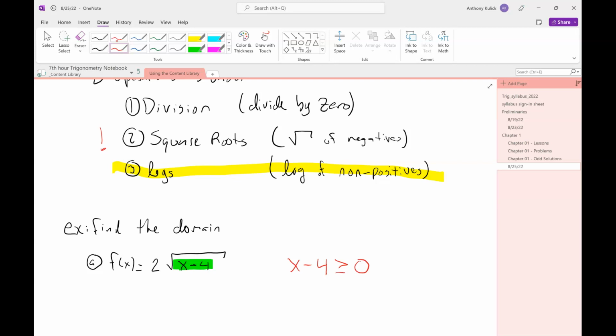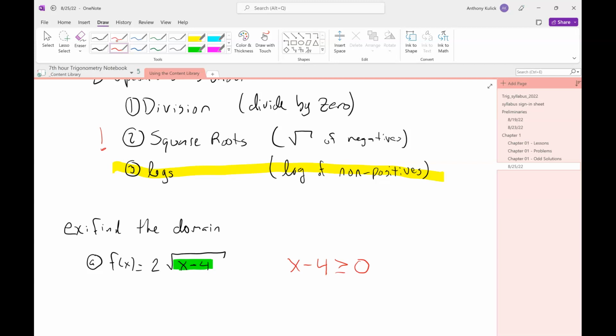So the thing underneath the square root must be greater than or equal to 0 for me to get something defined. So the only x's I can use are the things that satisfy that inequality. That'll be the entirety of my domain. Everybody feel good with that?